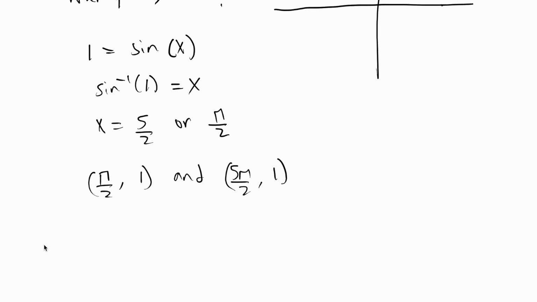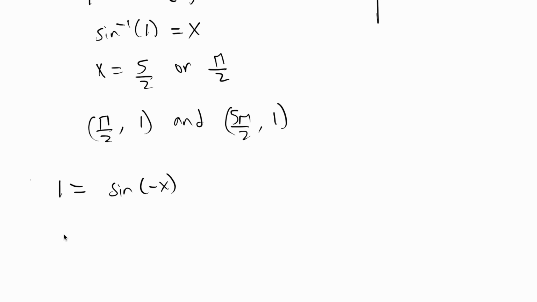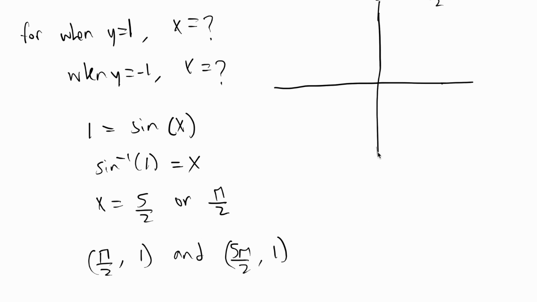And for when y is equal to negative 1, when it's negative 1 square is 1 still, you get sine of negative x. And we can take sine inverse, of course. What angle gives us a negative number? Well, it's always going to be in the bottom area, the bottom y-axis, right, on the negative side.